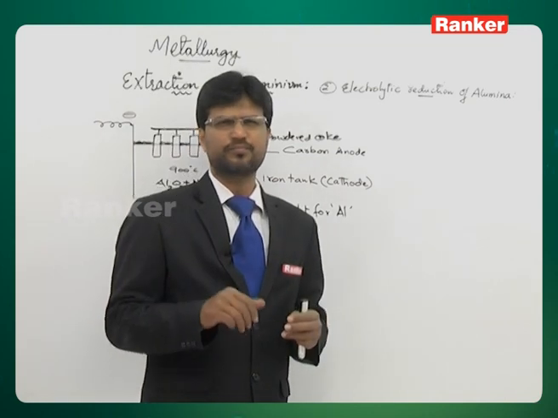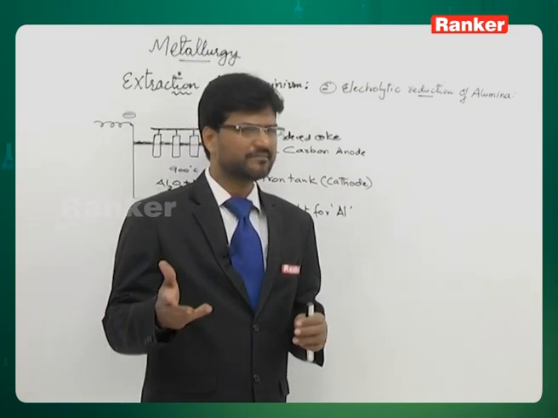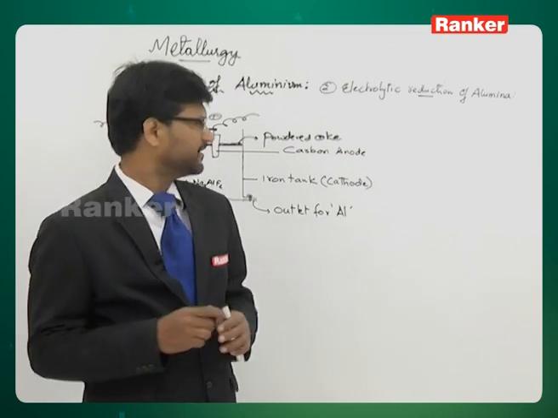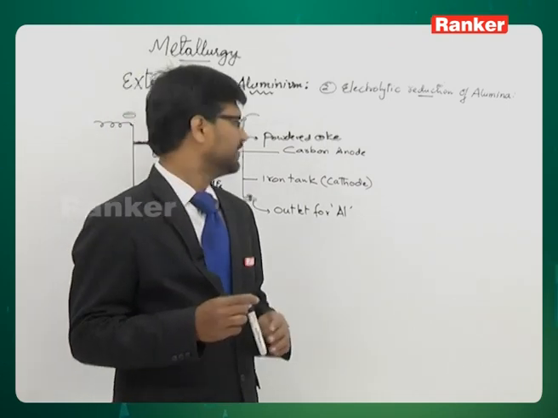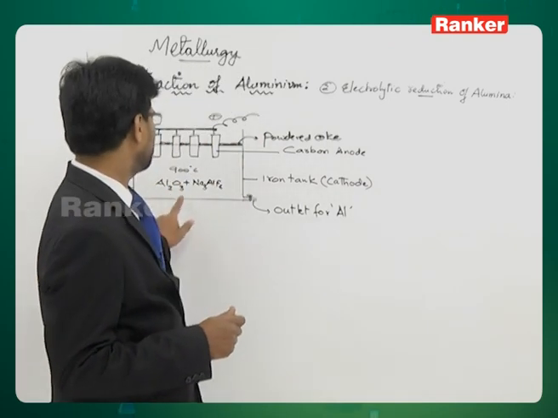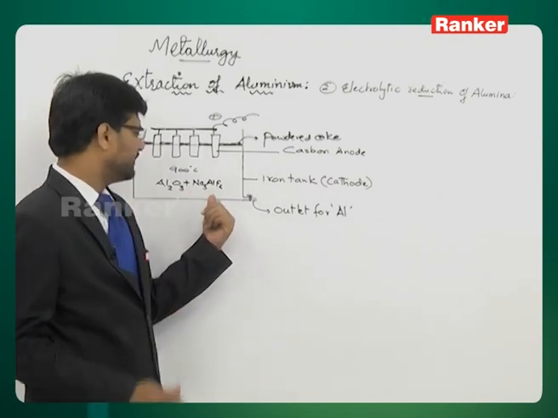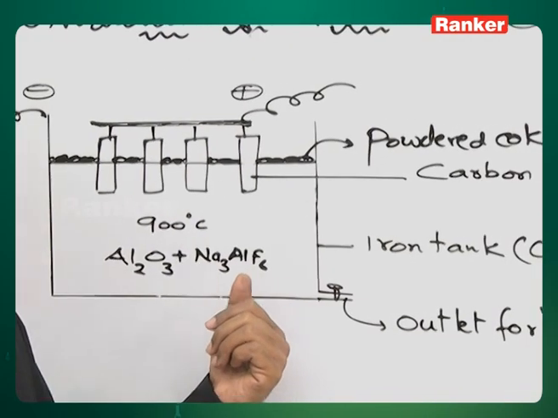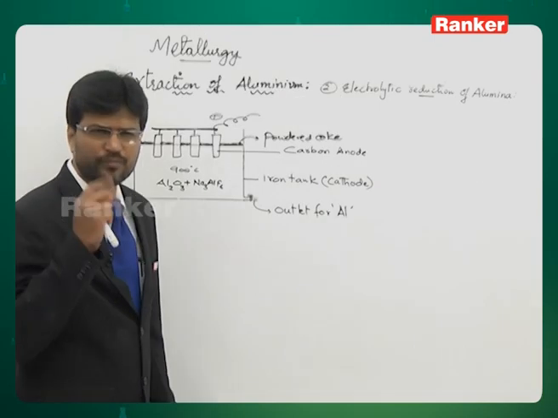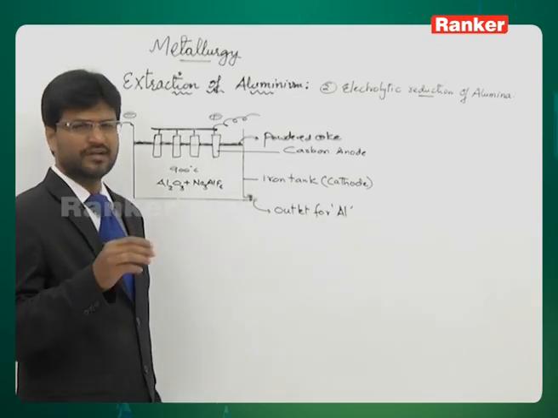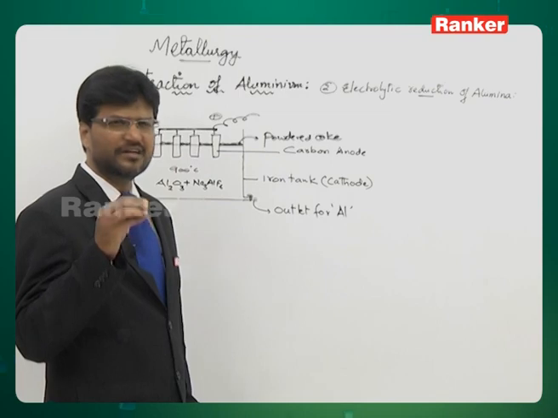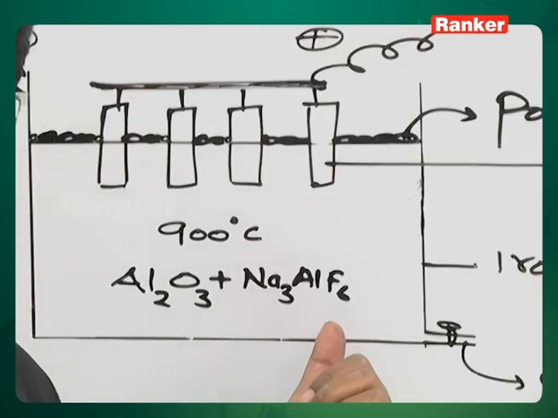To overcome these two problems, we mix alumina with cryolite. Cryolite is Na3AlF6. This will take care of both problems of alumina, that is its high melting point and its bad conducting nature.